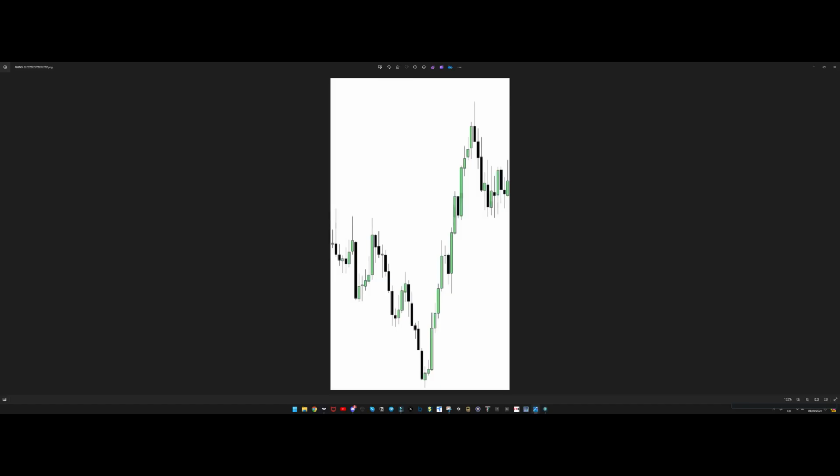Even if you wanted to do it this way, you wait till you're in deep discount. You've taken some kind of liquidity, you've purged it. You look for an SMT, you look for a confirmation SMT, and you can just enter with nothing, if you wanted to. As long as your POI selection is on point, as long as you are able to see reversals occurring, that's what you can do.